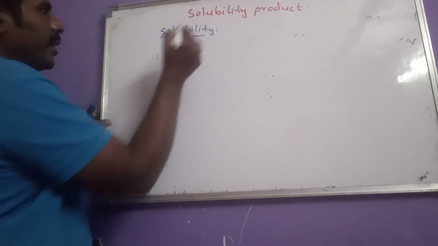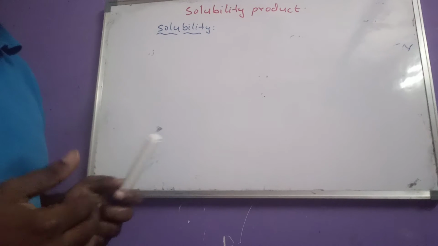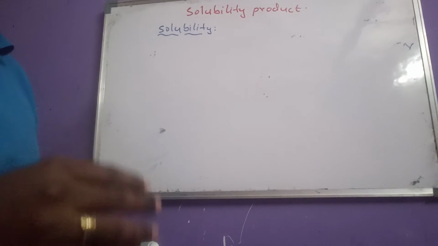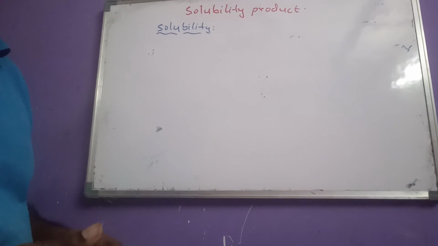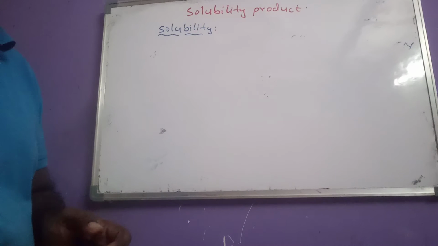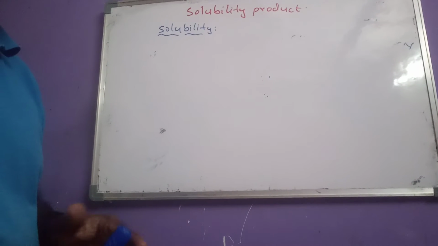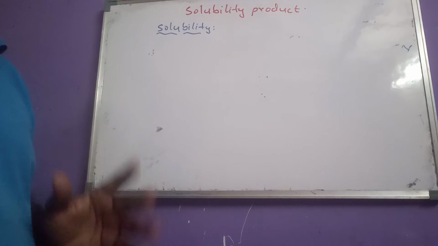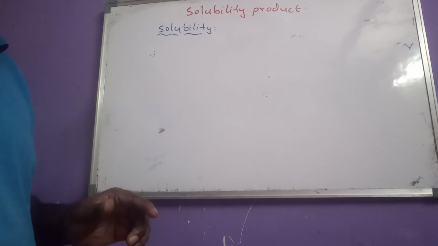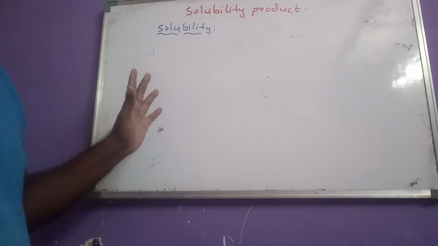Solubility means the minimum amount of a salt to be dissolved in 100 gram of a given solvent to get a saturated solution. That is known as solubility.